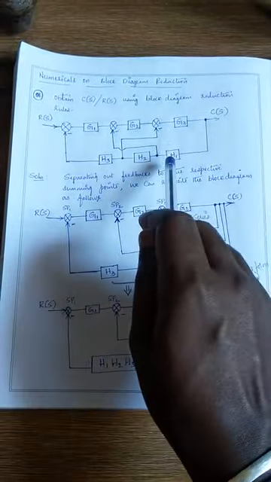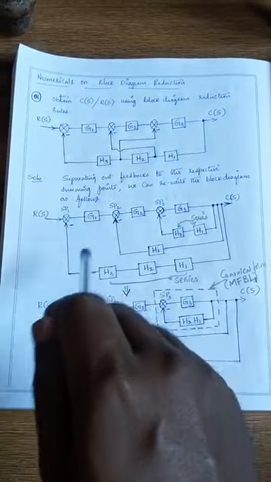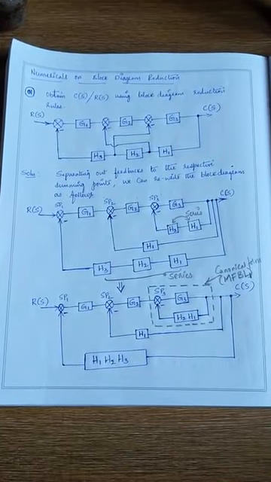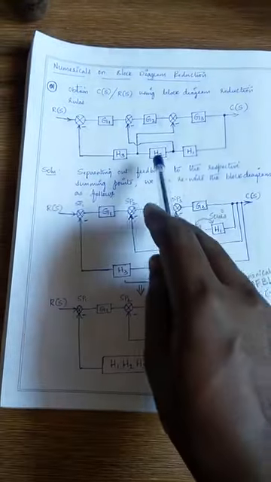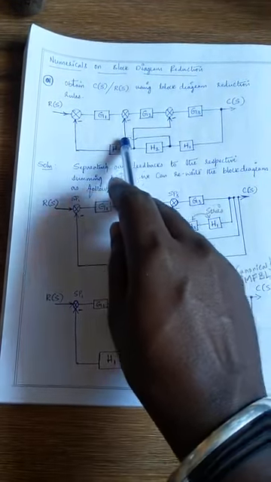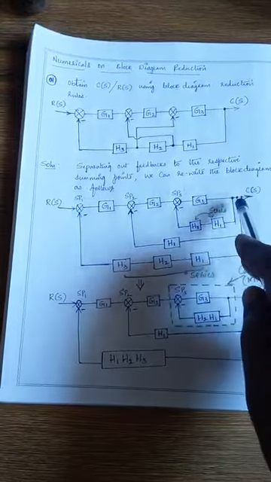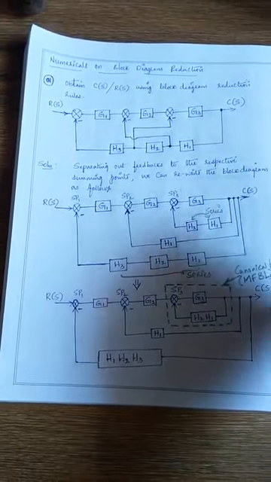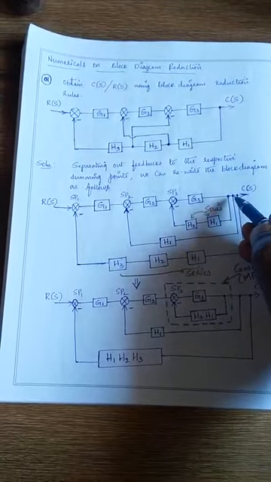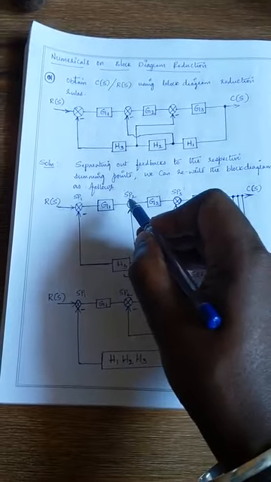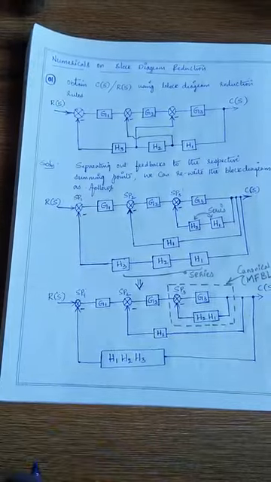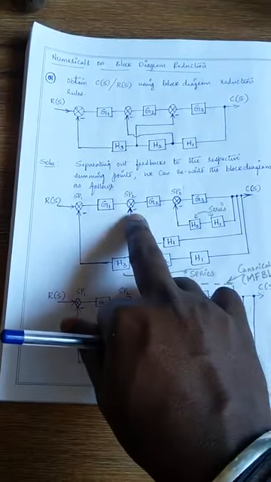Now in this block diagram, we have taken it this way. As I said, the output of H1 is going to summing point 2. So see here, I have taken H1 from this point, and it is going to summing point 2. Look at the sign, negative.